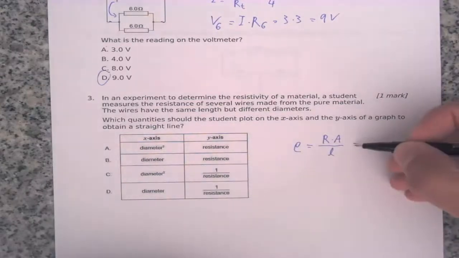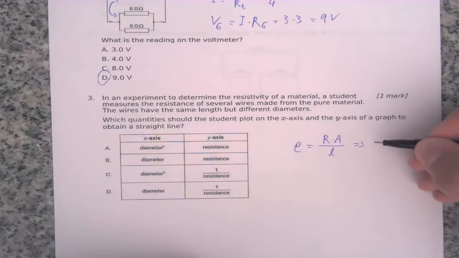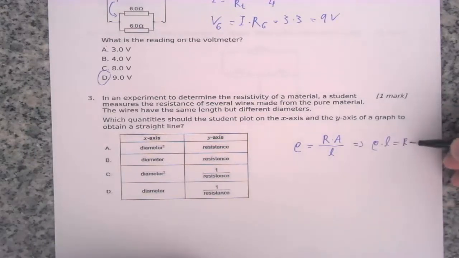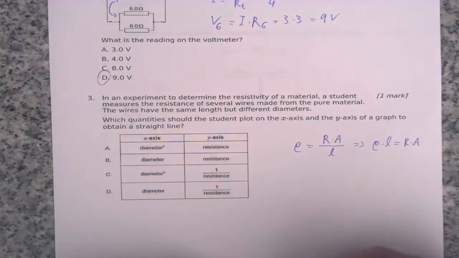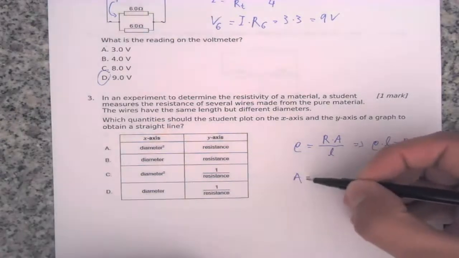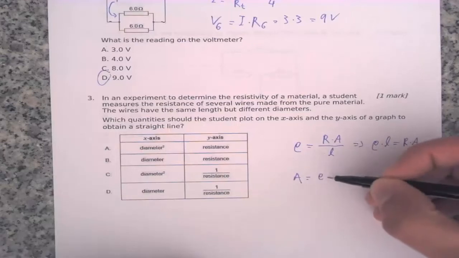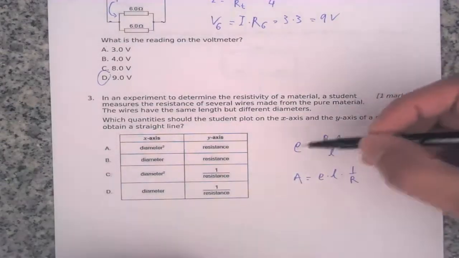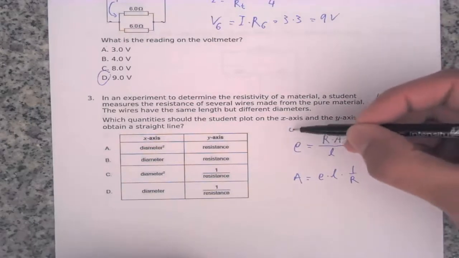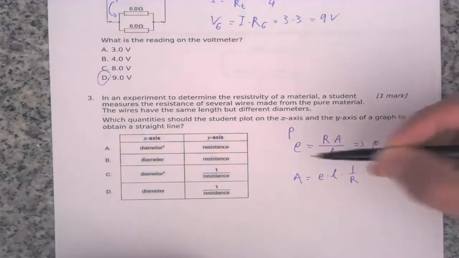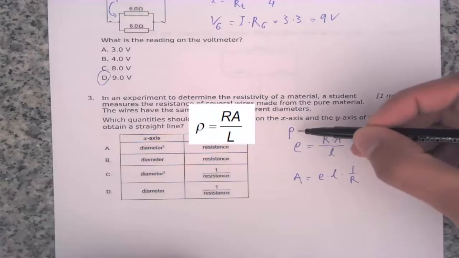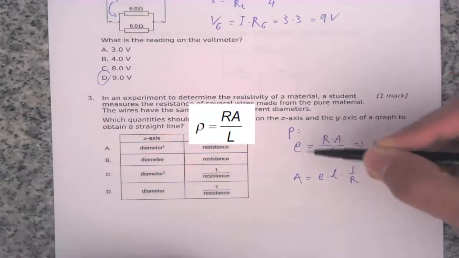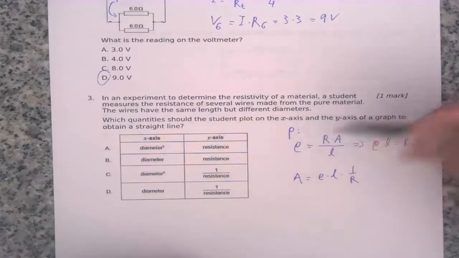So from here, I'm going to take the constant numbers on one side, and I'm going to solve now for one of those. Let's solve for A, so it gives you rho times L times 1 over R. Well, this is rho, okay? This is the Greek letter rho, it's not E, it's the resistivity. Sorry about that, my Greek letters are a little bit different from what we are used to.